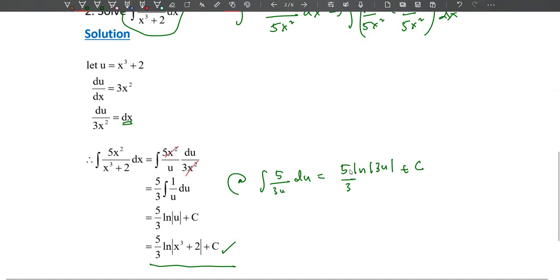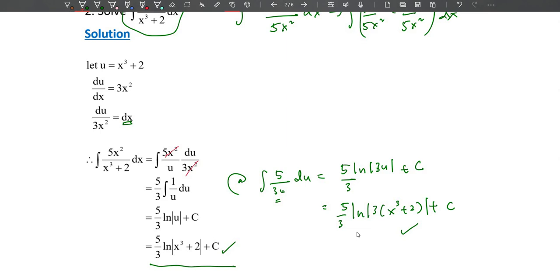Remember, the integral of 1 over (ax + b) with respect to x would be 1 over a times ln(ax + b). Then your final answer should be 5/3 ln(3(x³ + 2)) + c. Both are correct. If you want to know the reason why both are correct, please refer back to the video on indefinite integrals of logarithmic functions.